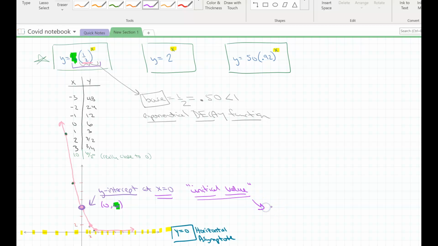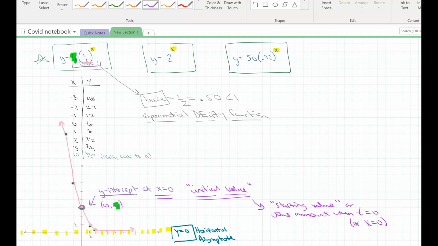If time is represented by x, initial value is sometimes like the starting value, or quite frankly, the amount when t equals 0. I've used x here, but t is often the independent variable, and is sometimes a stand-in for x.